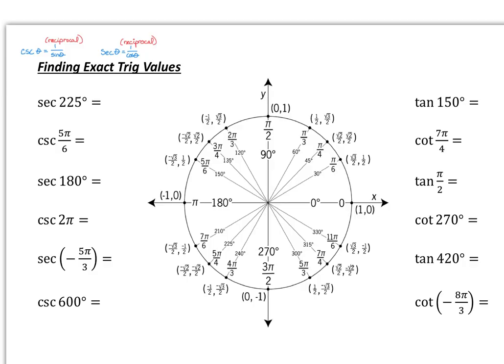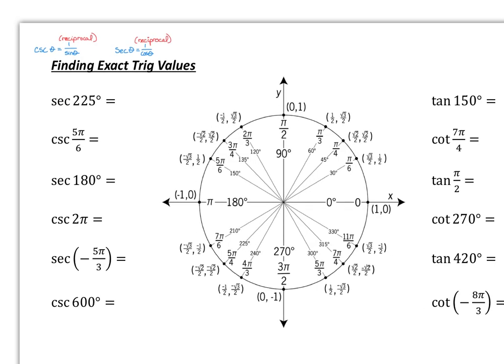So let me start by just highlighting the ones that are secant. I'm going to highlight green so that you can look for the green that is going to be the reciprocal of cosine. And my thinking here for each of these is find the cosine of the angle and then take the reciprocal of that.